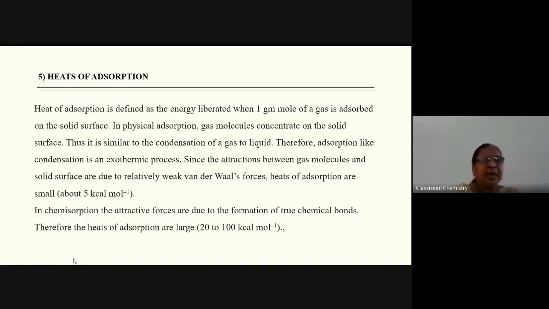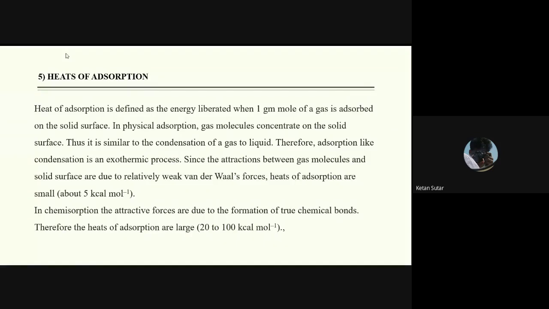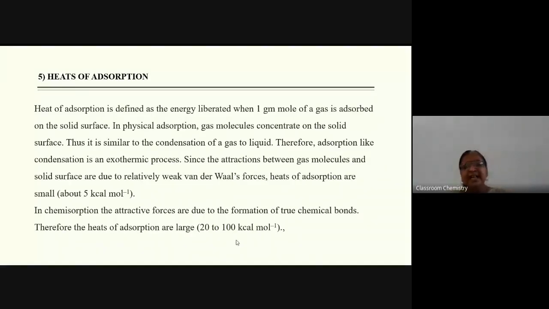What is the heat of adsorption? काय हीट ऑफ ऍडसॉर्प्शन म्हणजे काय सांगता येईल? Am I audible? Yes, ma'am. मग हीट ऑफ ऍडसॉर्प्शन ची डेफिनेशन सांगा मला.